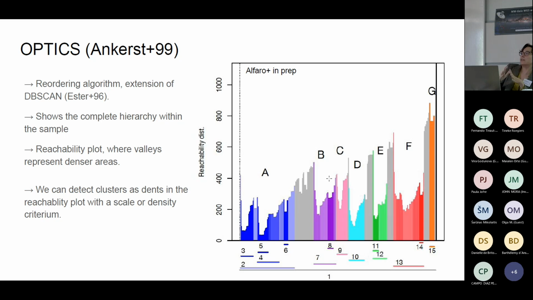So we see all the hierarchical structure here, in terms of valleys and denser valleys within the valleys. And that's what is used to detect clusters in this case. This is the reachability plot associated to the sample that I just showed you in the previous slide.